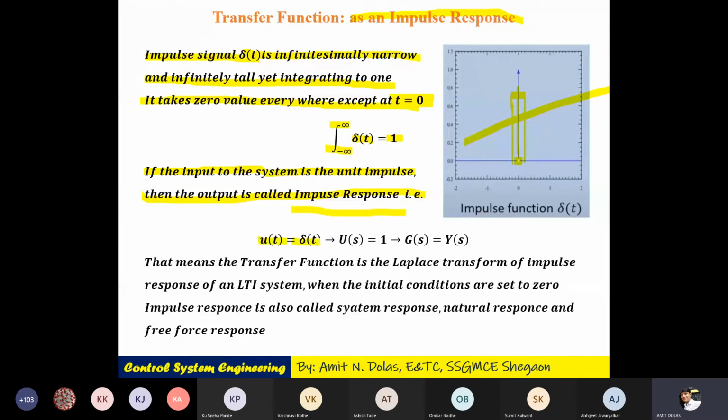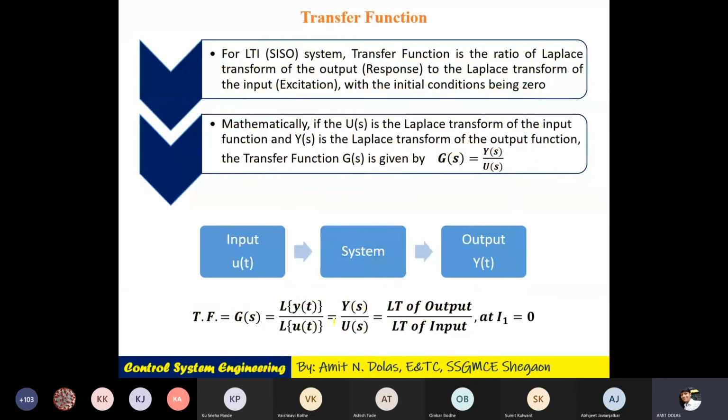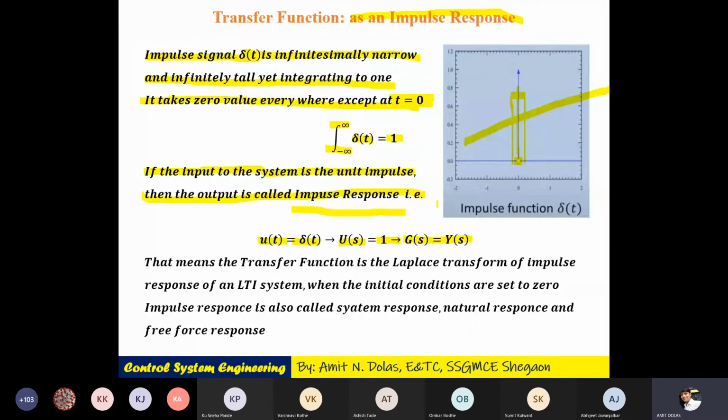Say u of t is delta of t, then u of s will be 1, so g of s will be y of s. Coming back to the previous PPT equation, if an impulse signal is the input, then u of s becomes 1, and the transfer function will be Y of s.